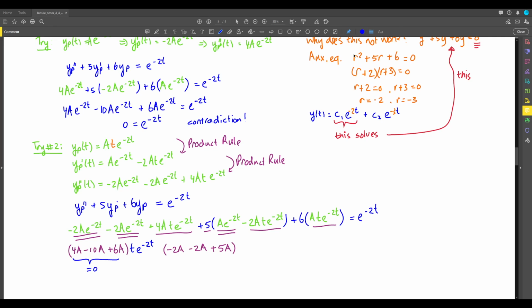Right? So this is plus, and then I have e to the power negative 2t. So this whole thing disappears. And here on the left, I just have negative 4a plus 5a. So that becomes just a times e to the power negative 2t, and that equals e to the power negative 2t.